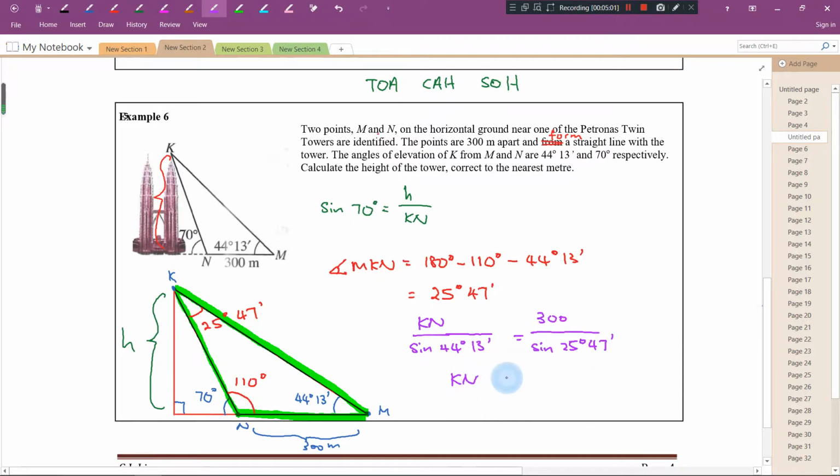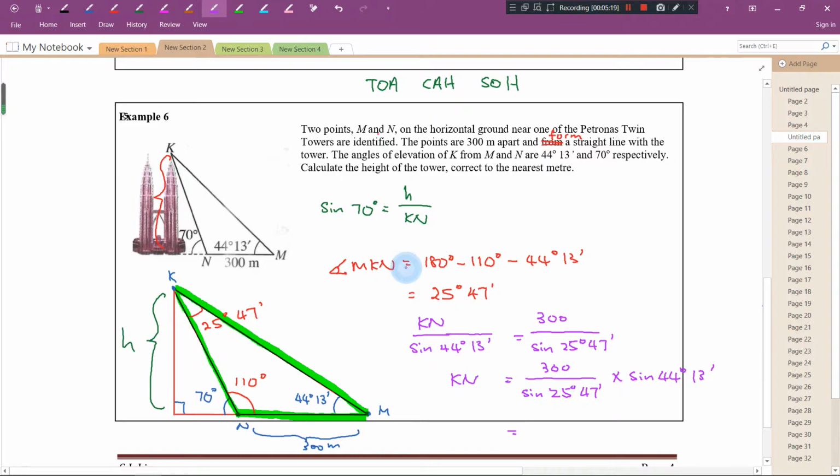Then I will be able to get KN easily: take 300 divided by sine 25 degrees 47 minutes, times sine 44 degrees 13 minutes.